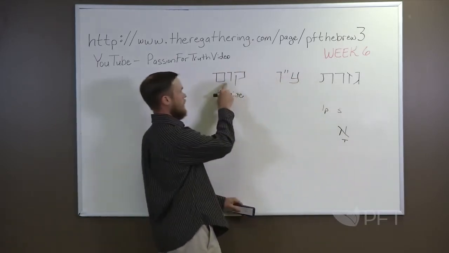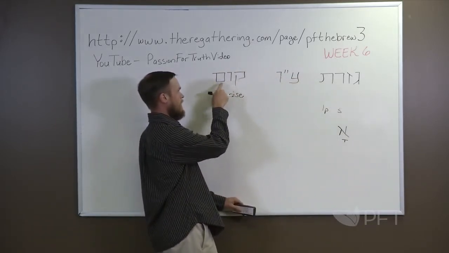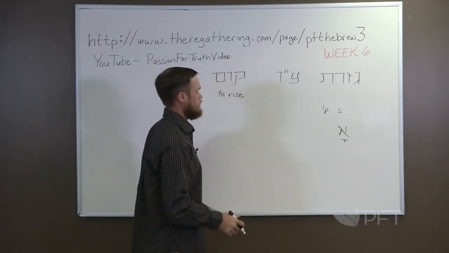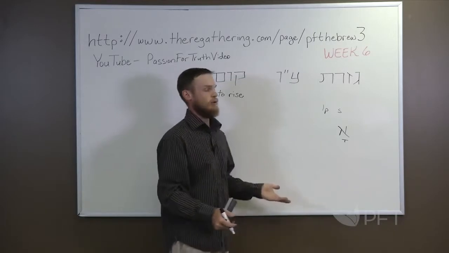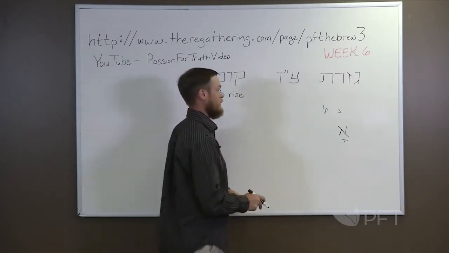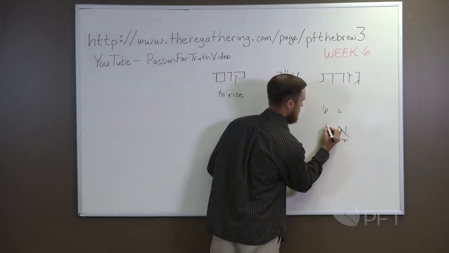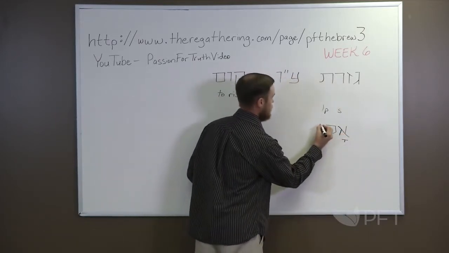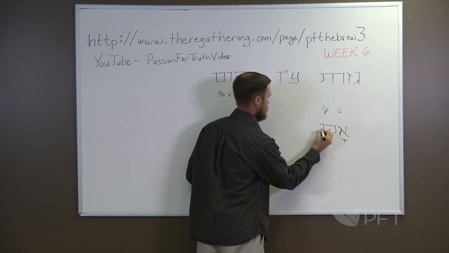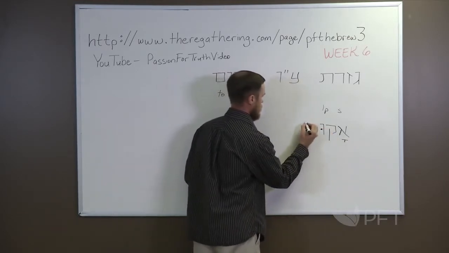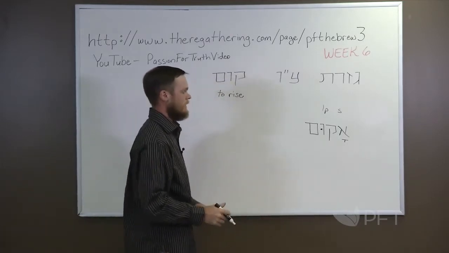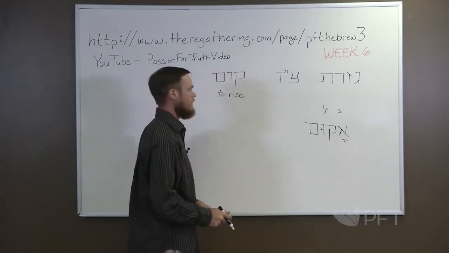All right, and then using our same kuf vav mem word. Okay, so this is future tense first person singular, so this would mean I will rise. What I'm about to write means I will rise. First radical, our vav returns, and it's vocalized with a shuruk. And then our third radical mem. So akum, I will rise. All right.